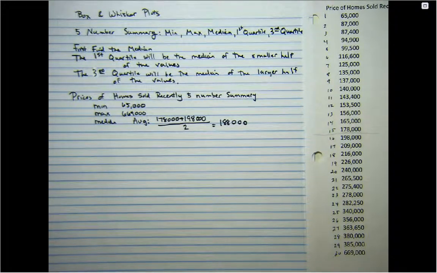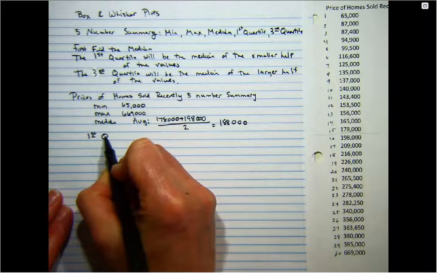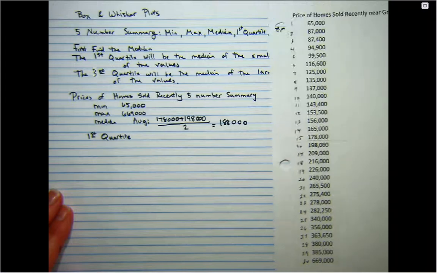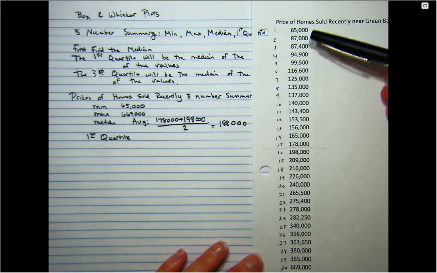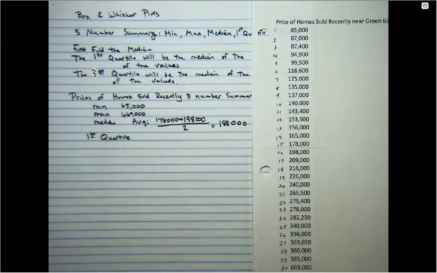So once you have the median, that divides your data in half. Now to find the first quartile, we want the median of the lower half of the numbers. So we're looking at the numbers labeled 1 through 15, and we want to find the median there. What's the middle number now that they're ordered?